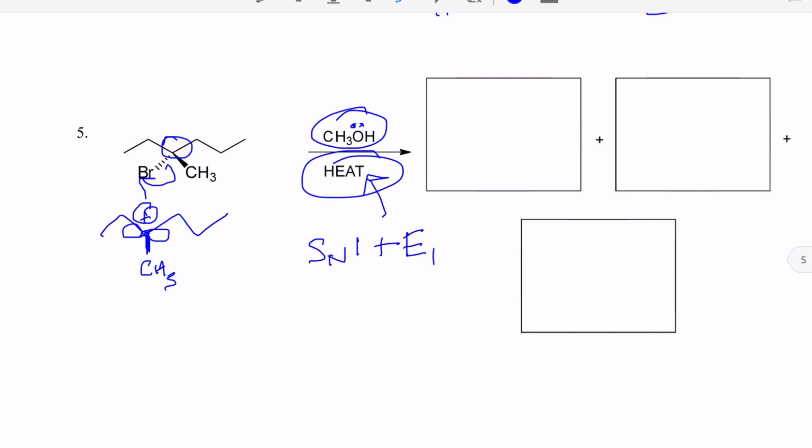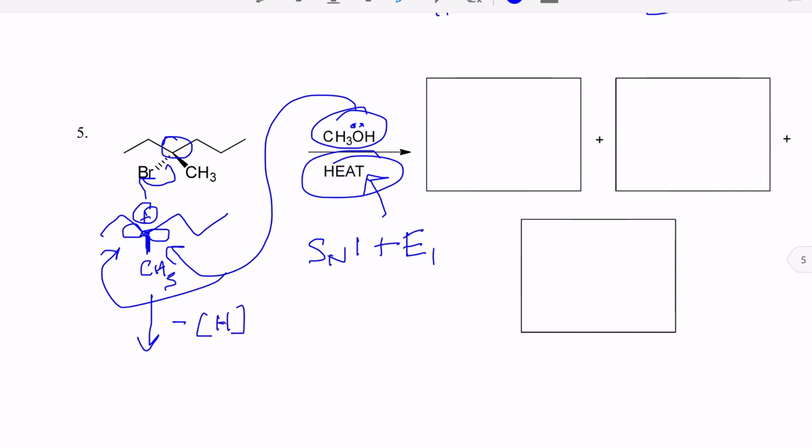So it all depends on which end of the lobe of the p orbital the methanol molecule attacks. You get two products, and this is after dehydration, so after the proton from the methanol is lost. So minus H. Just to show that after the proton leaves, you get two possible products.